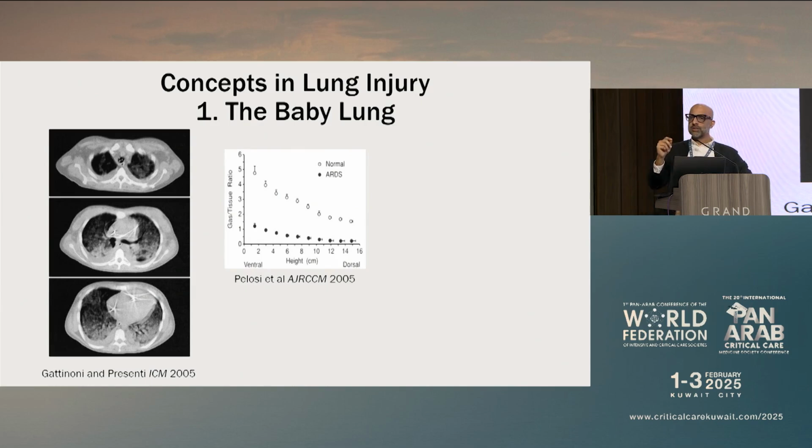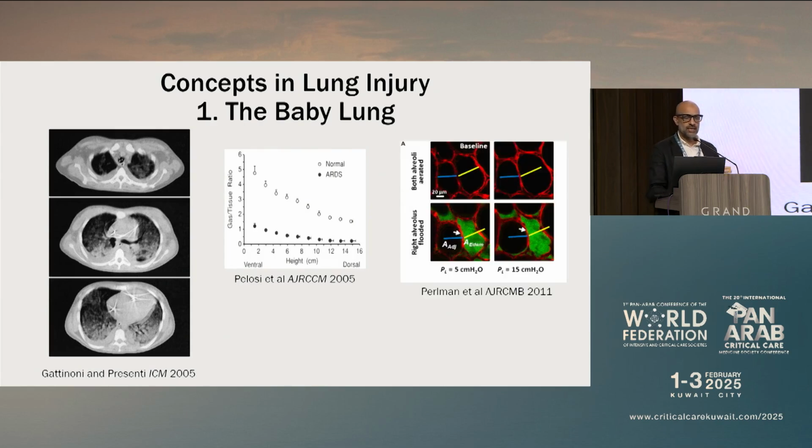It's also important to understand that lung inhomogeneity, i.e. the heterogeneity of alveolar units, whether they're collapsed, what their compliance is, is different as you go from the front to the bottom. And this inhomogeneity has consequences.